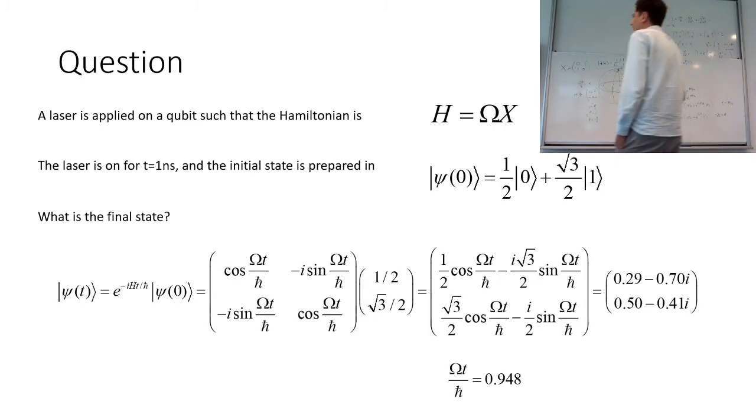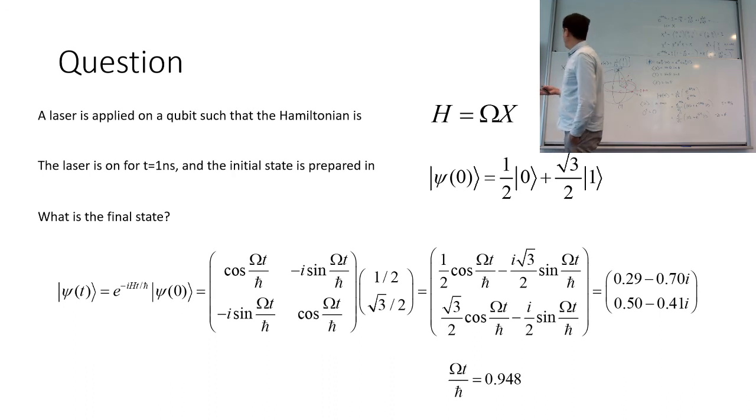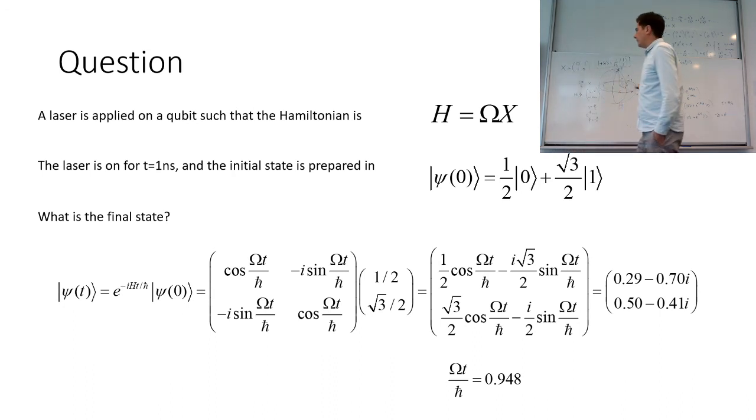So, if you have this situation where the Hamiltonian is this X type Hamiltonian, and I'm just giving you some real numbers here, basically the way that you do it is pretty much exactly like how I explained on the board here. I had a slightly different initial state for this question, but the matrix as we derived just before is equal to that.